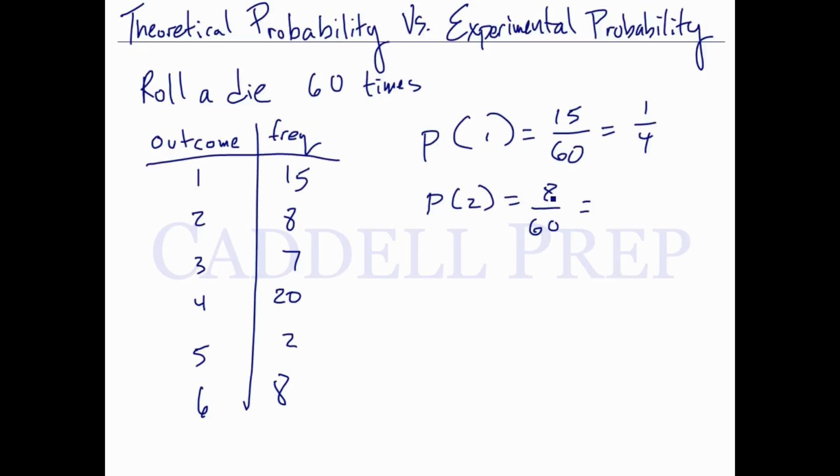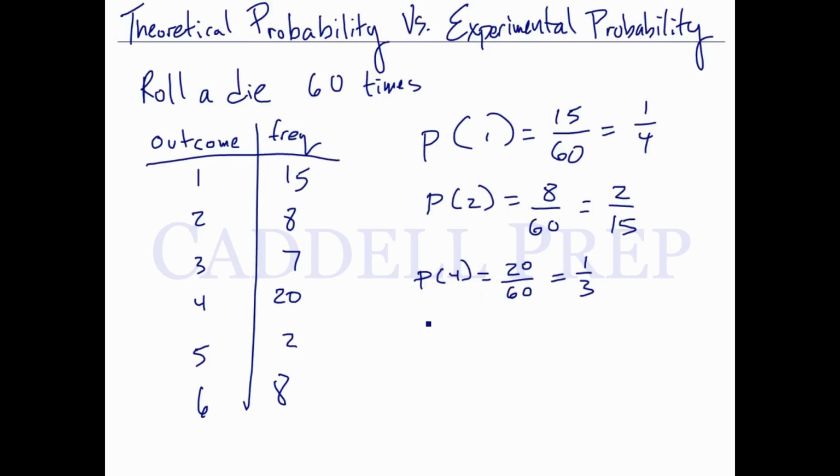This can be reduced. 4 goes into both of these, so 2 out of 15 times. Okay, that's a lot less likely than the 1 out of 6 times that we had before. And just for example, the probability of getting a 4 would be 20 out of 60, or 1/3 of the time.